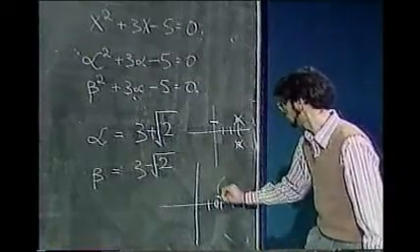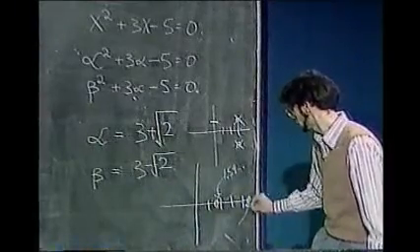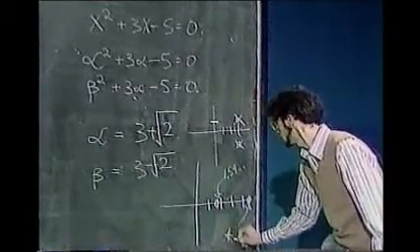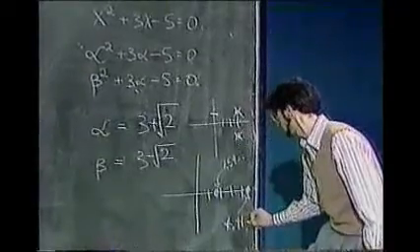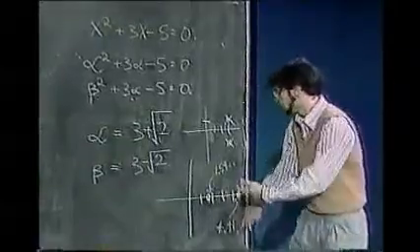This one is approximately 1.59 something, and this one is approximately 4.41 something. And so we think they're different numbers. We can tell them apart because, I mean, one is bigger than the other.